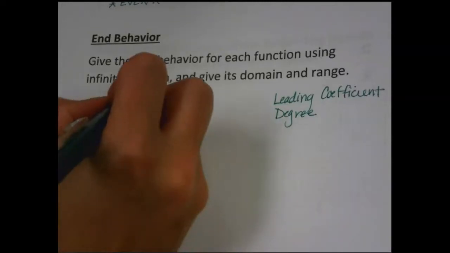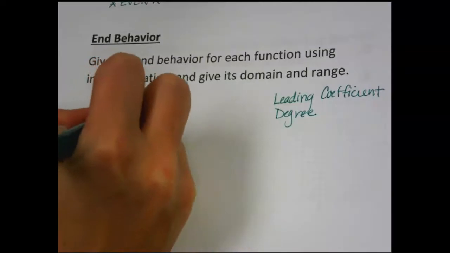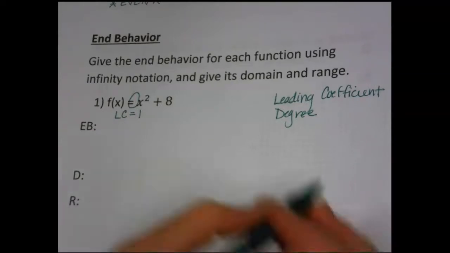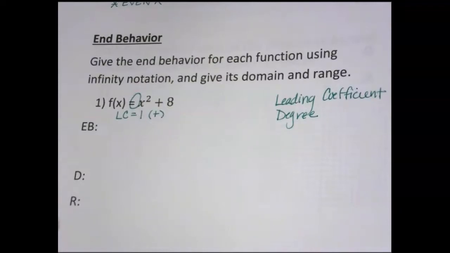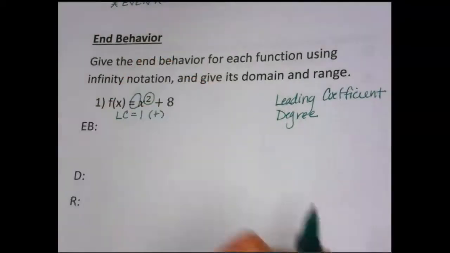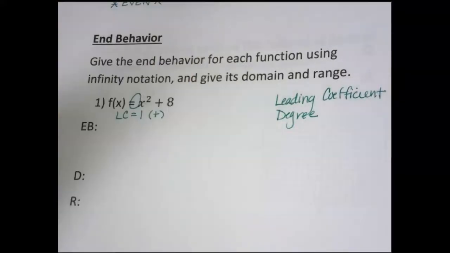So in this case, our leading coefficient, our LC, is 1. A lot of times I'll ask you to state what these are. And then as far as that 1 is concerned, what we care about is the fact that it's positive. Then this degree right here, so your largest exponent is your degree. Maybe I'll use a different color so we can tell what we're talking about here.